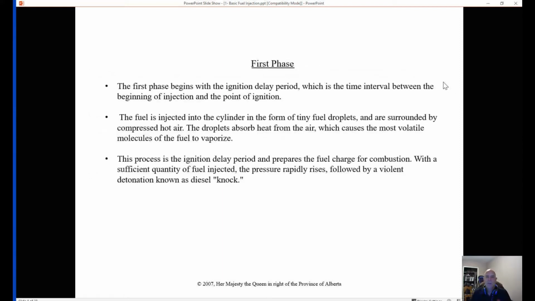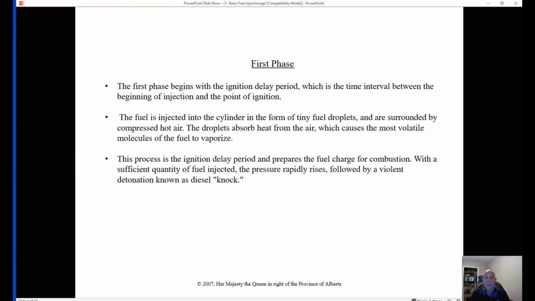So, the phases of combustion. The first phase begins with the ignition delay period. When we first inject that fuel in, it's injected as a liquid. As the piston comes from bottom dead center to top dead center and compresses the air, the air heats up. We also have heat from the cylinder walls or the engine itself.